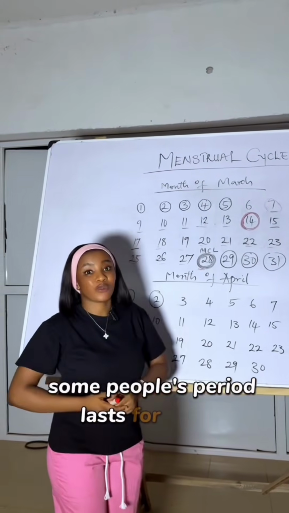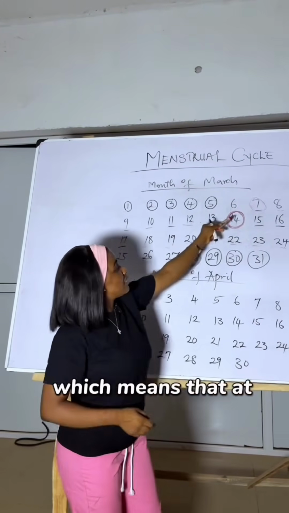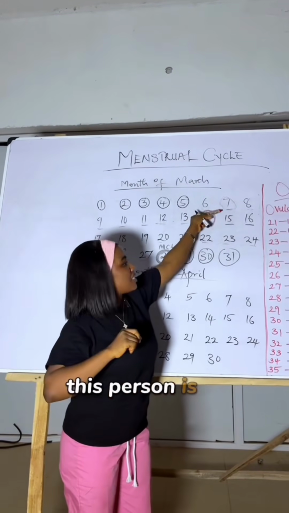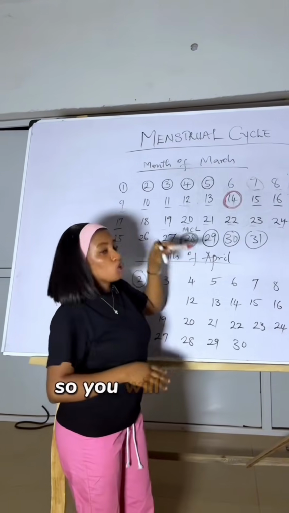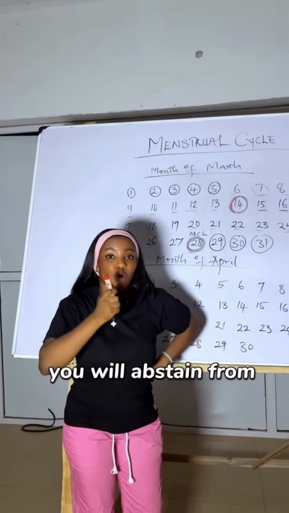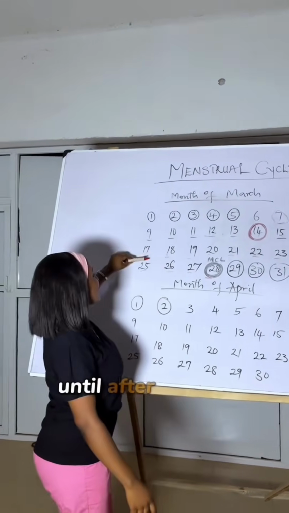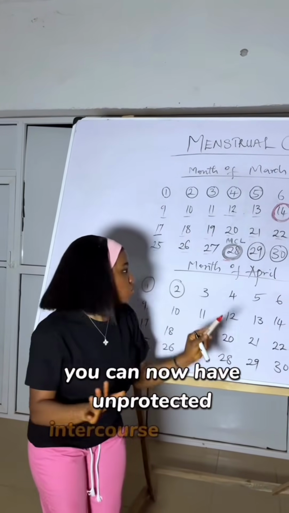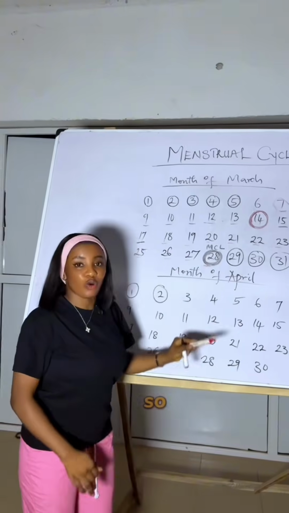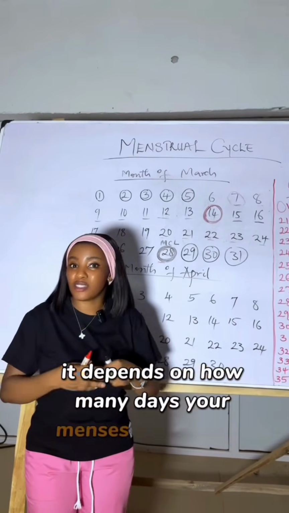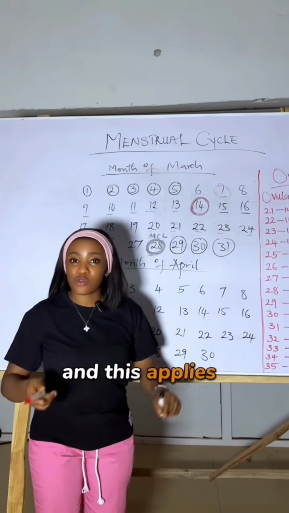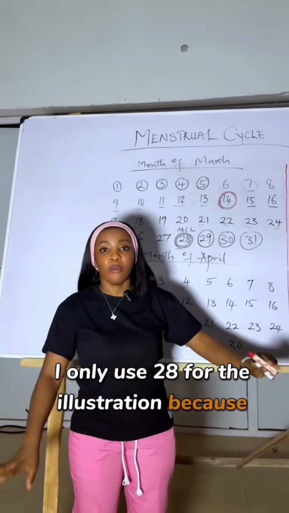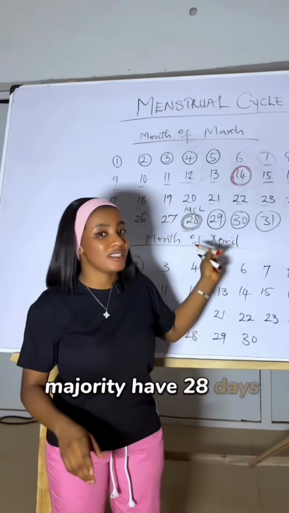Some people's period lasts for 7 days, which means that at this 7th day, when this person is no longer safe, she is still seeing her period. So you will continue from your period, you will abstain from unprotected intercourse until after day 17th. Then from day 18th, you can now have unprotected intercourse till day 28. So it depends on how many days your menses usually lasts, and this applies to every other menstrual cycle length. I only use 28 for the illustration because the majority of people have a 28 days menstrual cycle length.